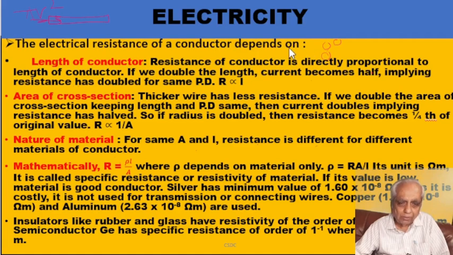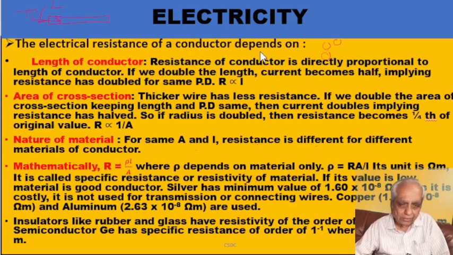Or if the temperature rises, as I told you, the atoms will vibrate with a larger frequency and larger amplitude, so the electron may collide and its direction will get changed. So these are the various obstacles that the electron has to overcome.